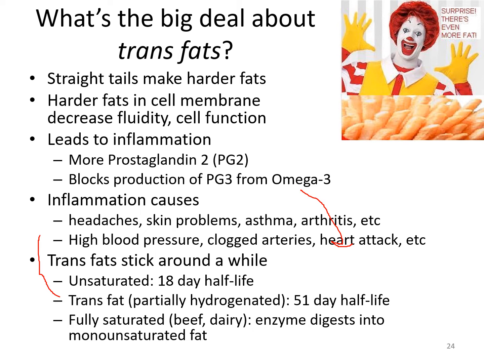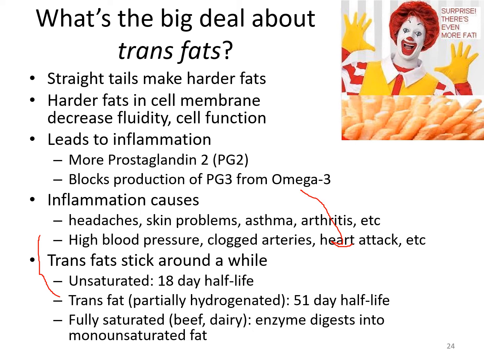Fully saturated fats, right? So when you eat a hamburger, when you drink a glass of milk, those fats, of course, we have been evolving with for a very long time, and so we also have enzymes that can quickly convert those saturated fats into unsaturated fats. And so we eat them, we turn them around into unsaturated, and again, we can cycle them out through our body relatively quickly.